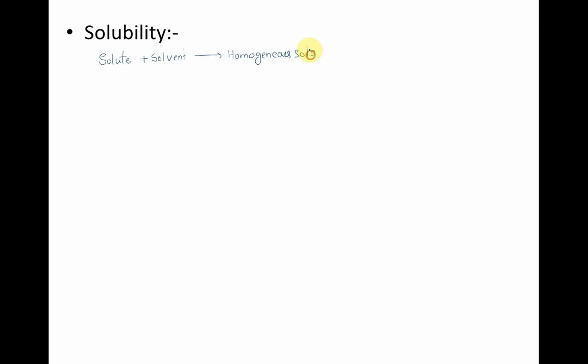For example, for our convenience I am writing here, 10 grams of salt has an ability to dissolve in 100 ml of water. Means 100 ml of water has the ability to dissolve only 10 grams of salt. Means this is the maximum amount of solute which can be dissolved in a suitable solvent to form a homogeneous solution. This is called solubility.